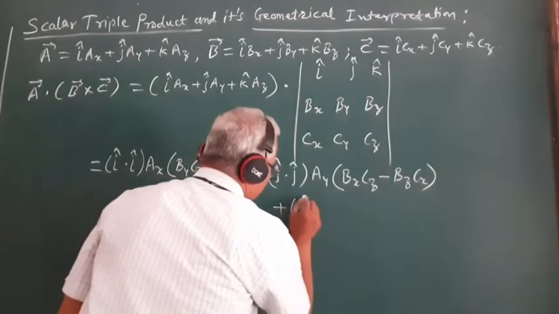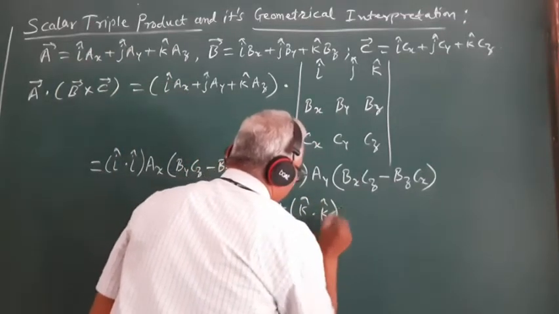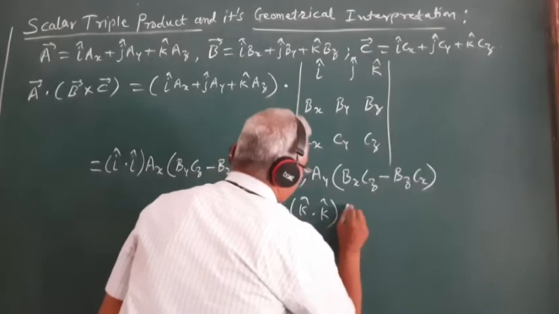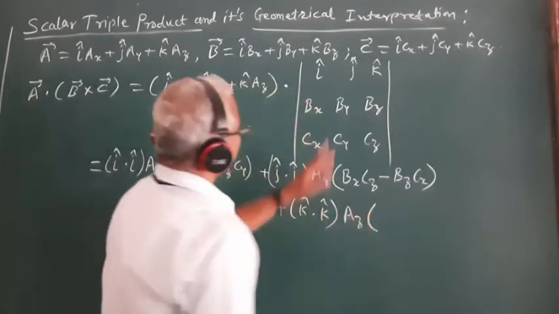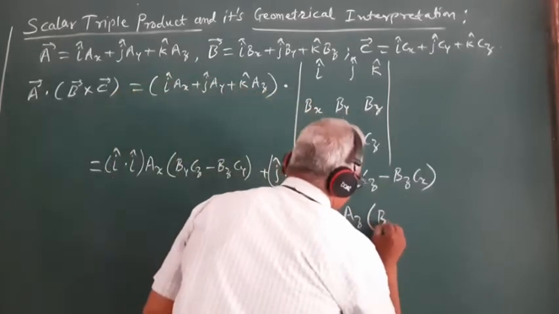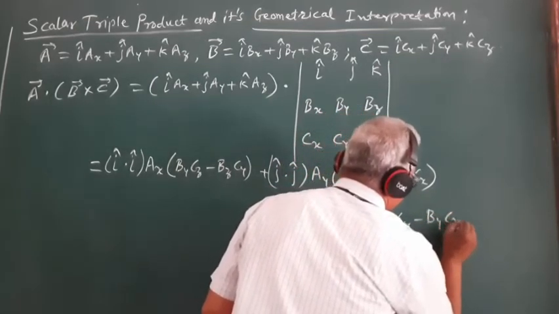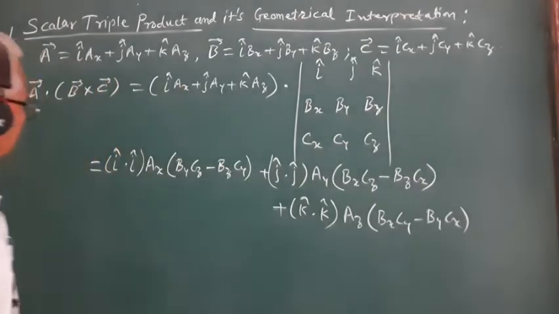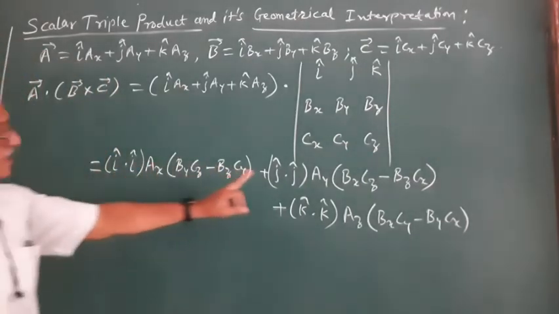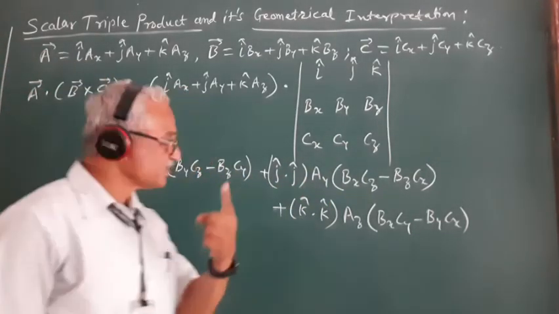So this is k dot k into az into bracket bxcy minus bycx.